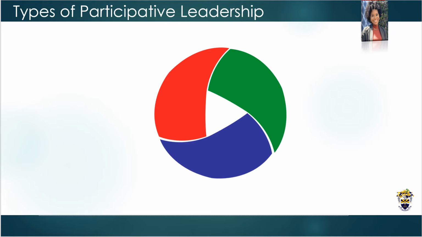We will now look at the types of participative leadership. In a global study involving 389 leaders from 28 countries, the Center for Creative Leadership found that 83% of the leaders surveyed believe that the definition of effective leadership has changed over the years.